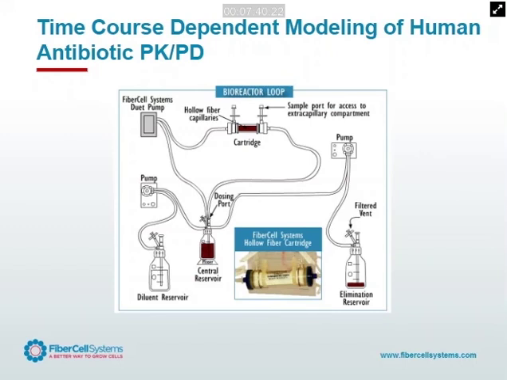We can look at dosing profiles that result in resistance. We can easily do 2 and 3 drug models, which is going to be, I think, the wave of the future for antibiotic therapy as resistance is on the rise.